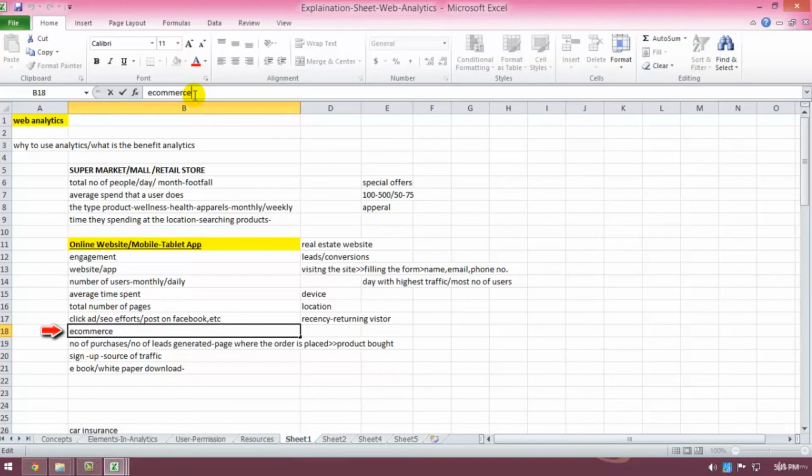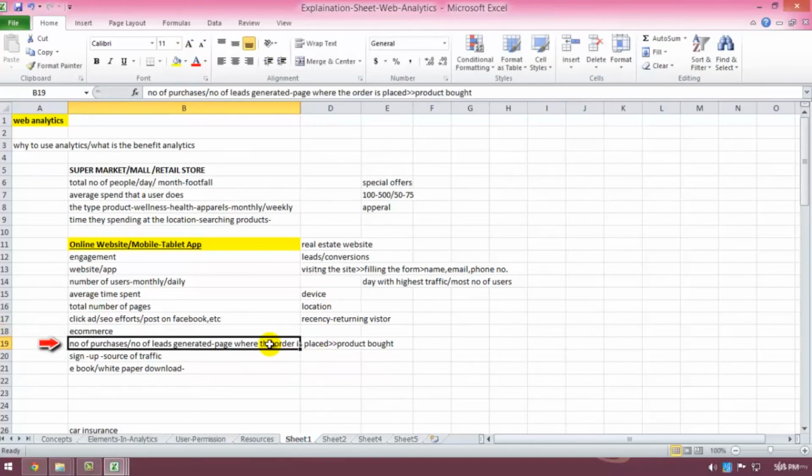They would be very interested in figures like the total number of purchases done in a time frame of a few days or weeks, the total number of leads being generated in a time frame, and which is the best selling product on their portal, website or mobile app. There could also be other sets of data that they would like to know.